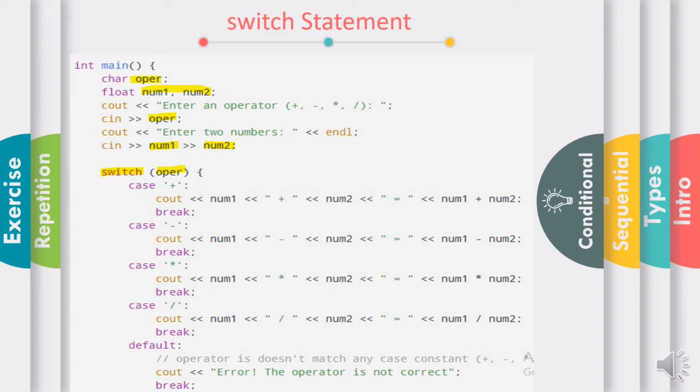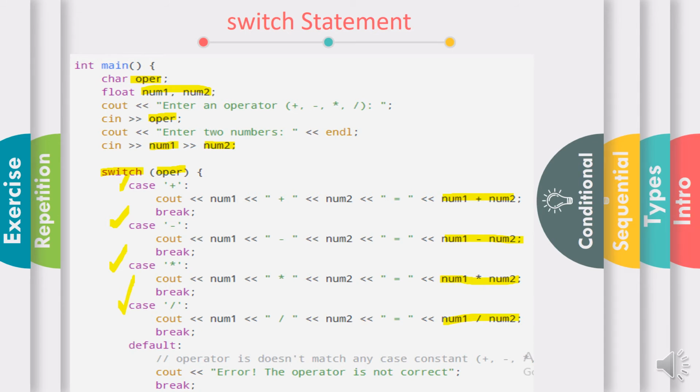Now, we have mentioned the 4 cases for addition, subtraction, multiplication and division. What will happen if the user enters the plus operator? We have defined the choices as the cases. Case for addition, we will perform addition. Then what will happen if the user selects subtraction? We have used the formula for subtraction, same for the multiplication and same for the division.